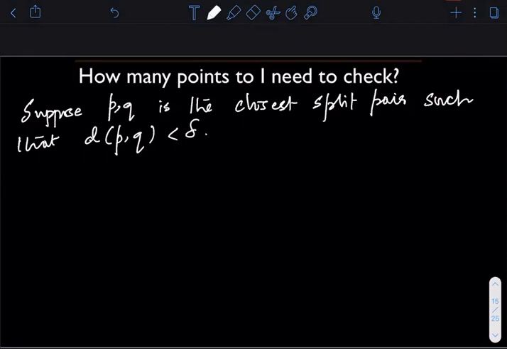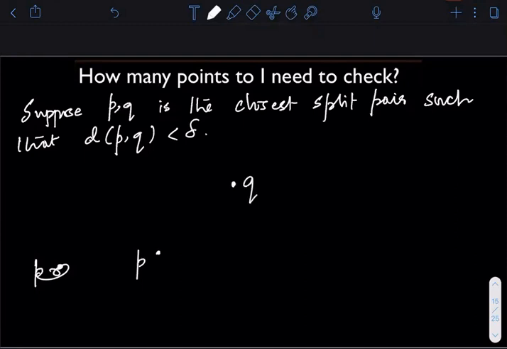Now I will draw a picture which is actually going to be the workhorse of why we can make this work. Suppose P is the point which has the smaller y coordinate between P and Q, so P lies below Q in this picture.